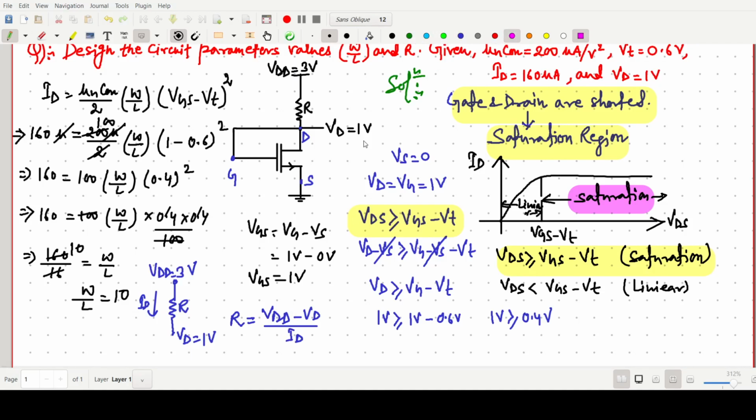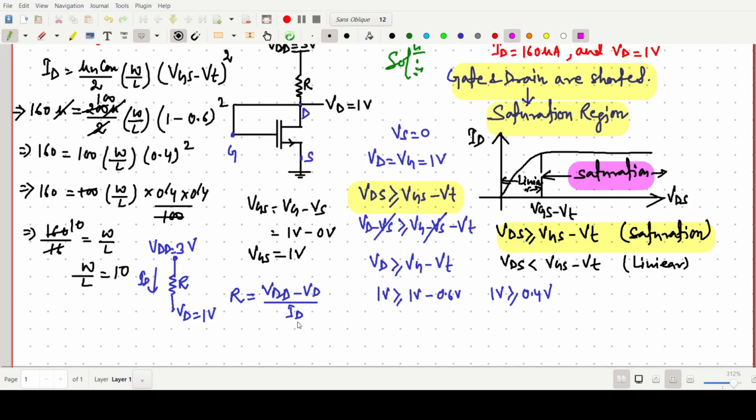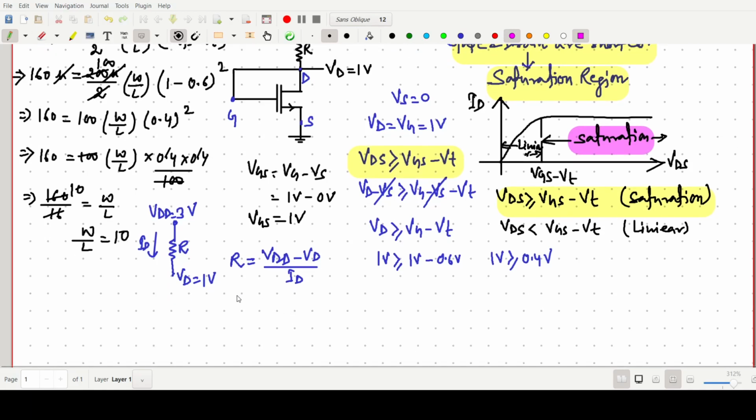So the R value will be VDD is 3 volt, 3 minus 1, divided by ID of 160 microampere. We make it 160 times 10 to the power minus 6.